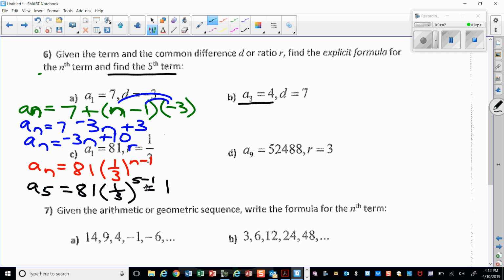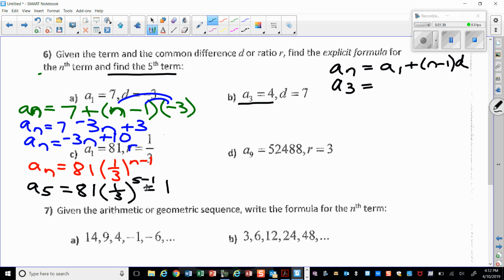So we'll say instead of a sub n, we have a sub n equals the first term plus n minus 1 times the difference. All right, so we have n's and 1s. But now what we're saying is that our last term, this nth term, is a 3, right? So wherever, now n is 3, okay?